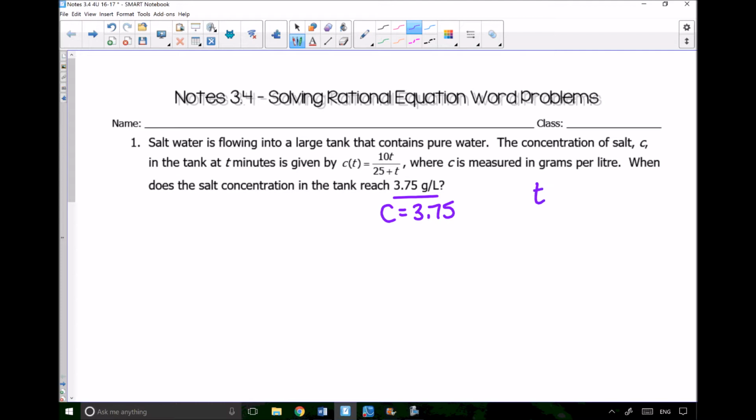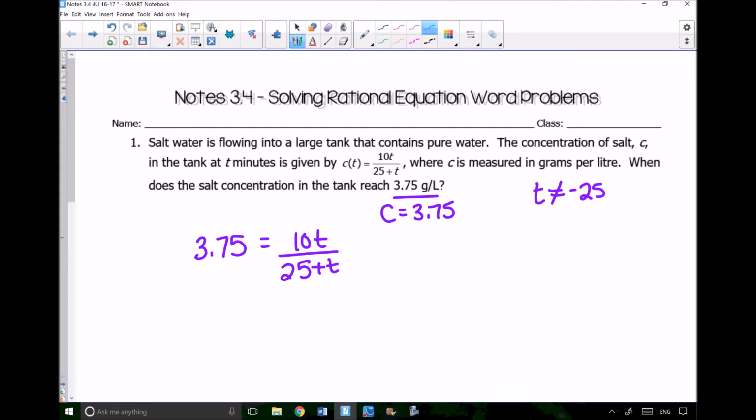Now, one thing we have to make note of is that t cannot equal negative 25. But that doesn't really matter, to be honest, because if t represents time, we can't have negative time. So every time I see a C, I'm going to replace it with 3.75. So I'm going to say 3.75 equals 10t over 25 plus t.